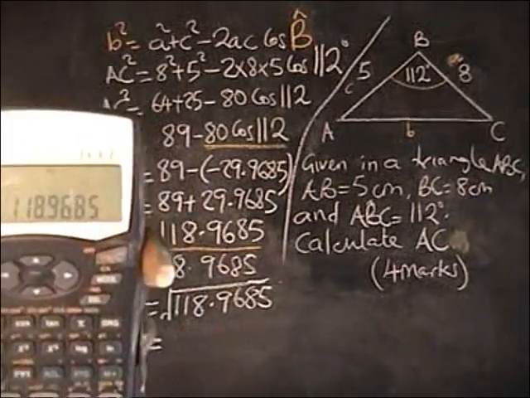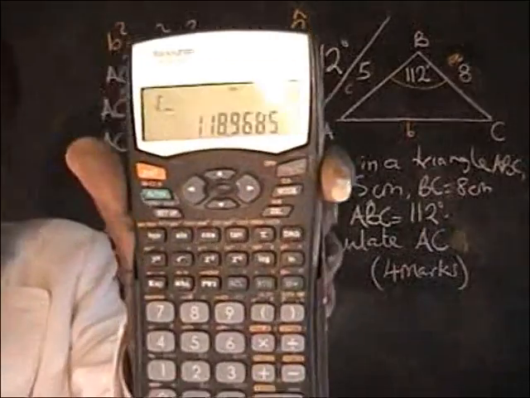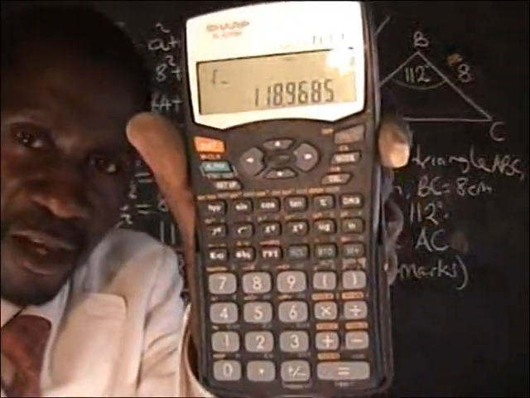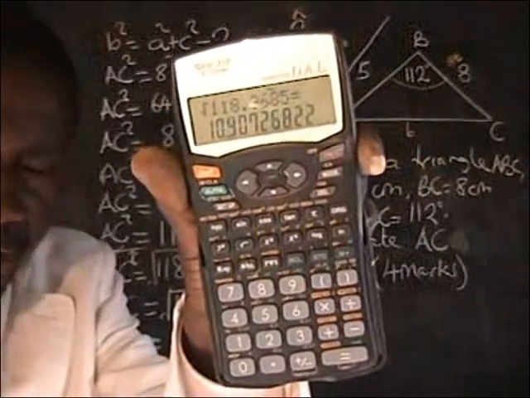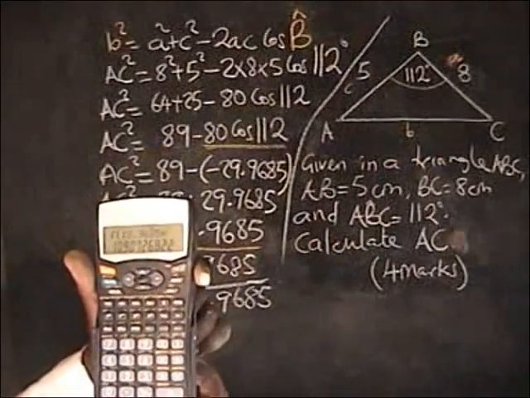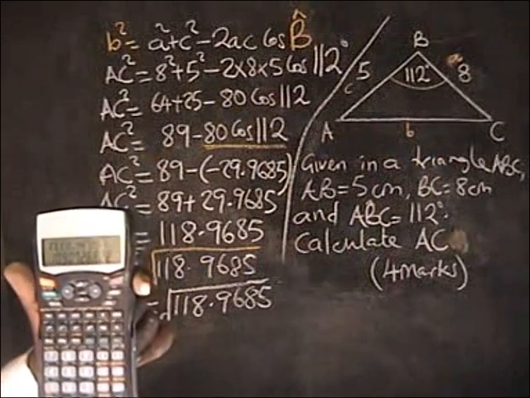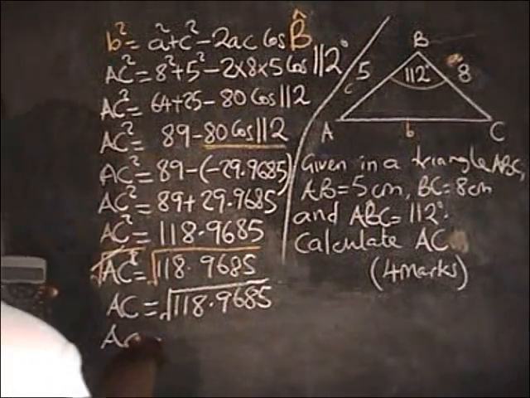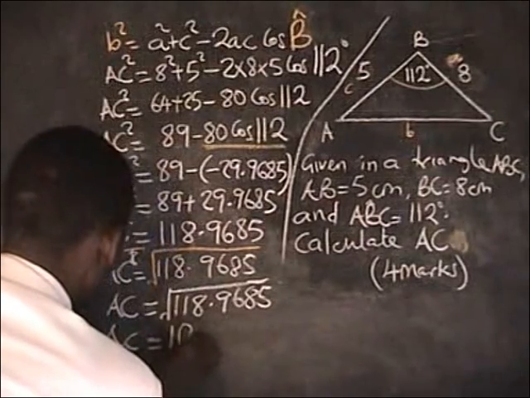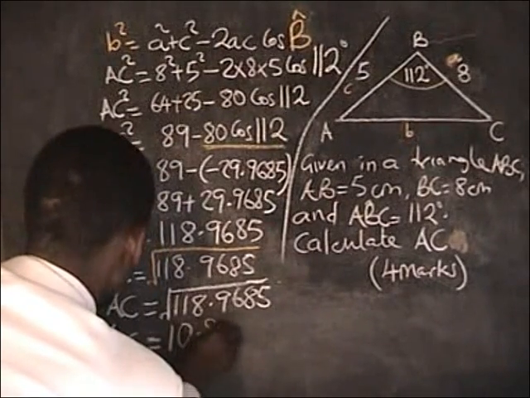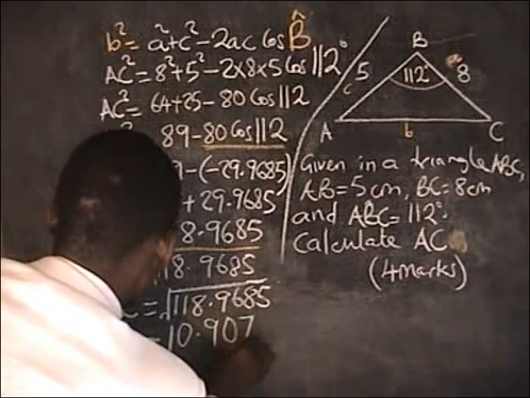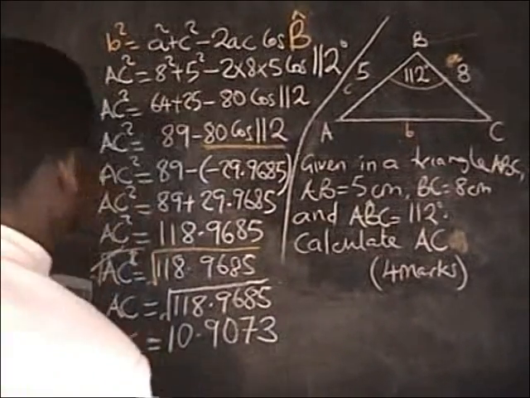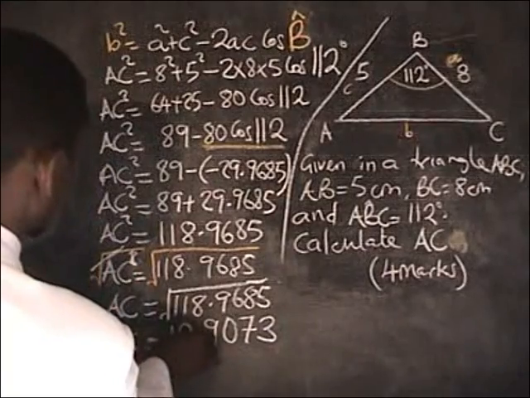As you can see, that is what I have fed. Then from there, all I need to do is to press an equal sign once. Upon pressing the equal sign, the result is 10.9073. So this is 10.907 to 4 decimal places.